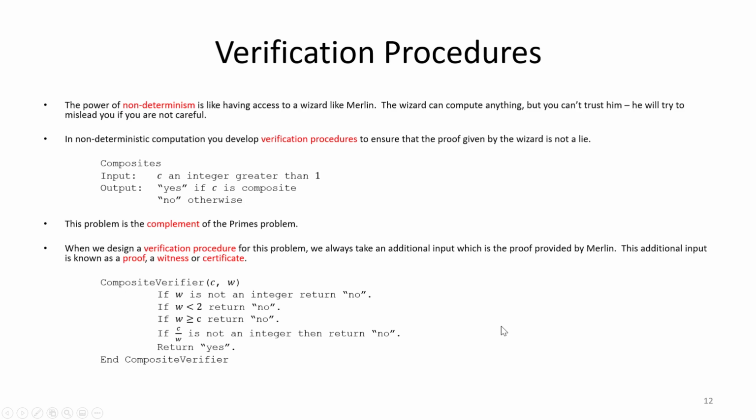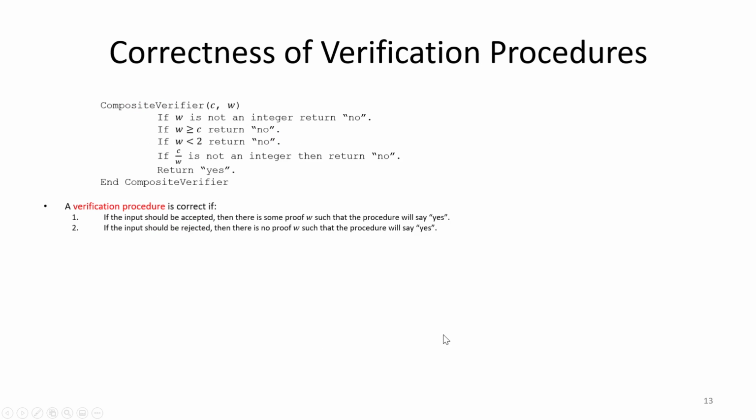Okay, so I did mention that if we're going to trust this verifier, we need to now prove that it's correct. So let's focus on this. I'm going to start by commenting on an asymmetry that comes with the verifier, meaning the way we treat yes answers and no answers is different here. So first of all, if we should say yes on C, and remember, in this instance we're testing for composite, how would we be able to force ourselves to say yes?